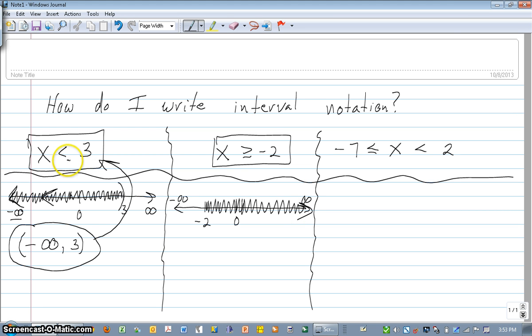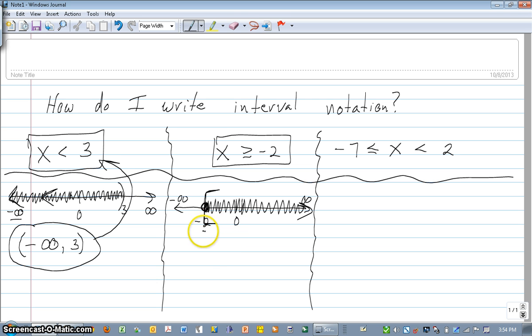Now on the last one, we didn't have the underline, so I used a parenthesis. On this one, we do have the underline, and to indicate that the negative 2 is included, I'm going to use a bracket. Sometimes you'll see a closed circle used, and that's okay, but the bracket makes sense because that's what we're going to use in the interval notation. So again, read the graph from left to right.